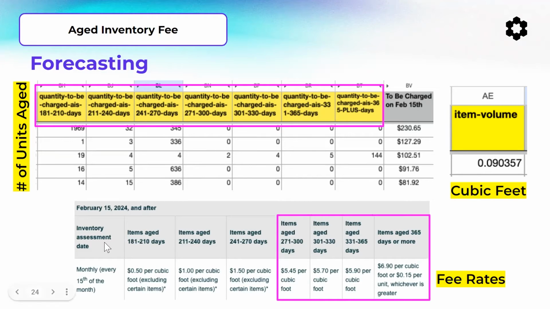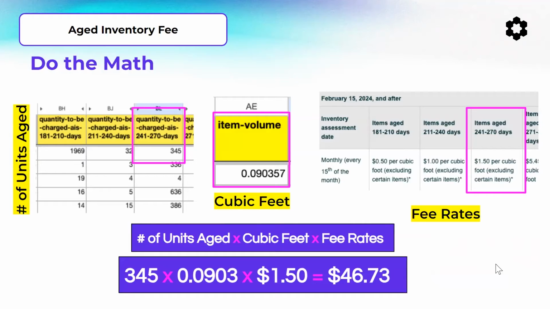Sort first that column with the over a year, and see if you have any items that are currently being charged at over a year, because they're being charged at $6.90 per cubic foot. Go through that, and then you're going to go back further and further until you get a list of all of the ASINs that are in trouble, right? So then now you've got to do the math.